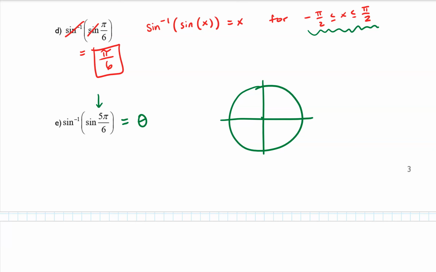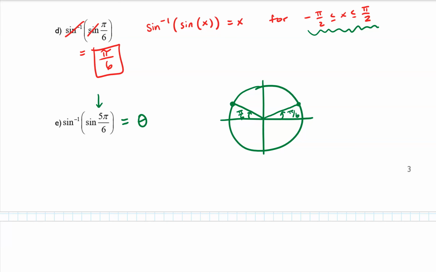But 5 pi over 6 is in quadrant 2, and our reference angle here would be pi over 6, and our terminal point there would be... Actually, I don't even need to know what the terminal point is for that, because if I reflect this over the y-axis, then this angle now is pi over 6.